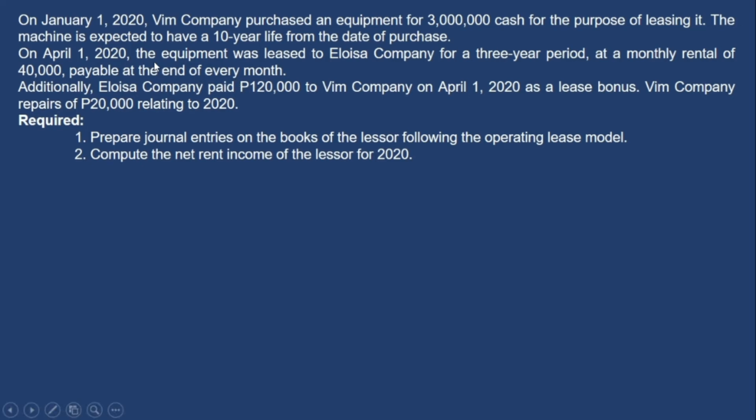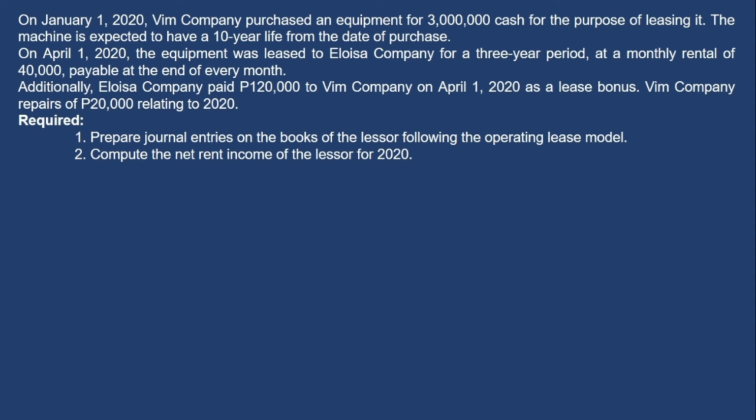On April 1, 2020, the equipment was leased to Eloisa Company for a 3-year period at the monthly rental of $40,000 payable at the end of every month. Additionally, Eloisa Company paid $120,000 to Vim Company on April 1, 2020 as a lease bonus. Vim Company incurred repairs of $20,000 relating to 2020.